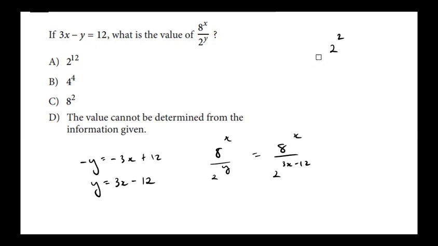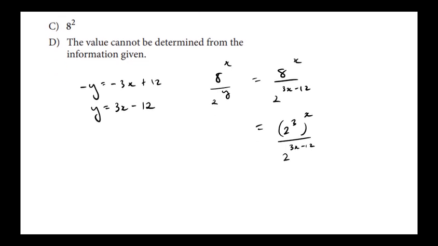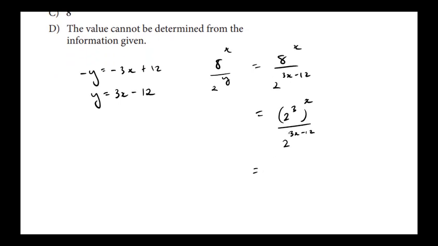So I'm going to manipulate 8 to be 2 cubed, and then I've still got 2 to the power of 3x minus 12 on the bottom. And then using my index laws, when you have a power, you multiply.